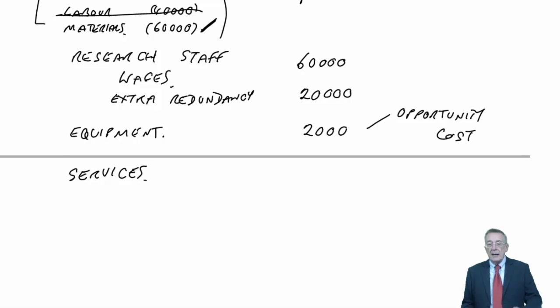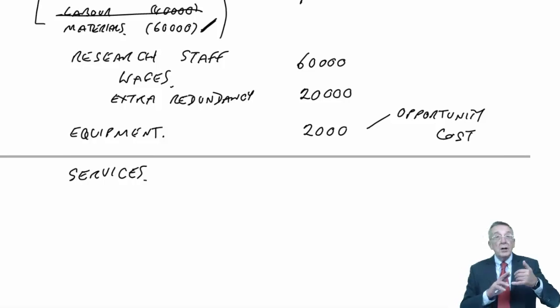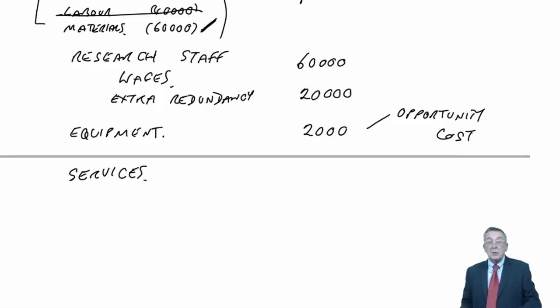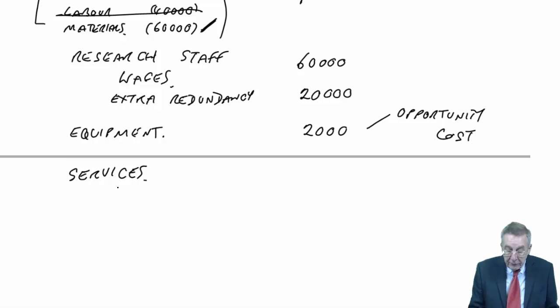This project will take a year. If we don't do it, we will earn rent of 7,000 next year. If we do the project, then of course we can't rent it out next year. We won't receive the 7,000. And so it's yet another opportunity cost. If we go ahead, we'll lose rental for 1 year.